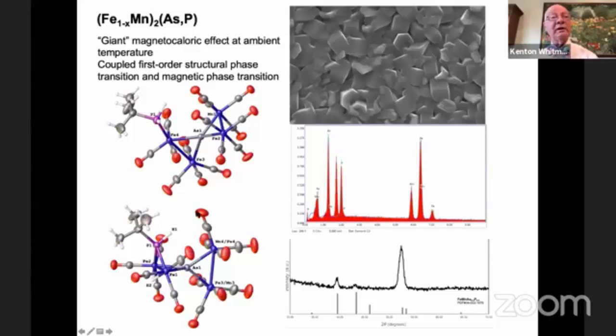We could also convert that to a bridge species, with arsenic and phosphorus ratios, but in this case the phosphine is a terminal phosphine, and in this case it's a bridging phosphine where that hydrogen has been added across the metal-metal bond of the iron to give us this bridge species.